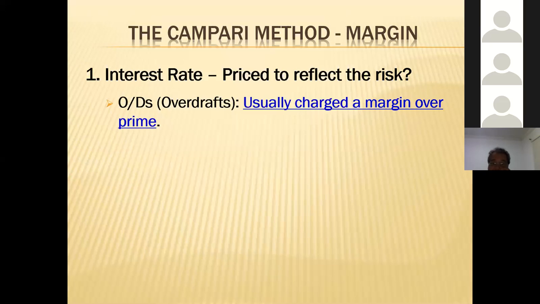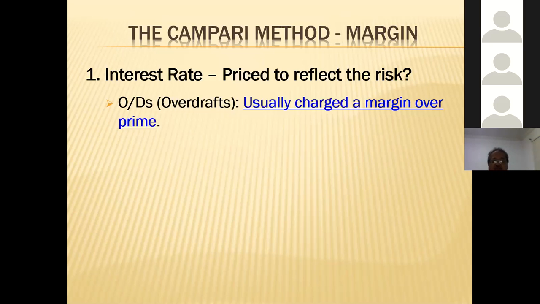So in order to get to 10, we add 6. That 6 that we add is called the margin or the spread. Sometimes it may be referred to as the margin, or it may be referred to as the spread. Any questions on that? No? Okay, so that's overdrafts.